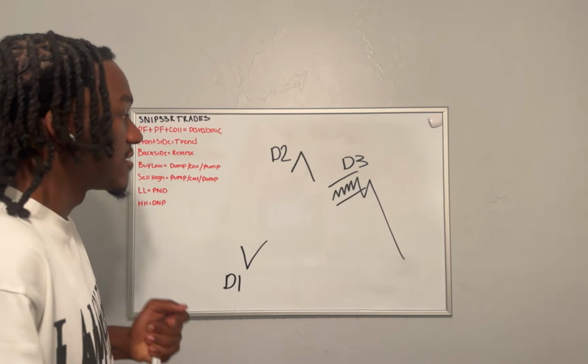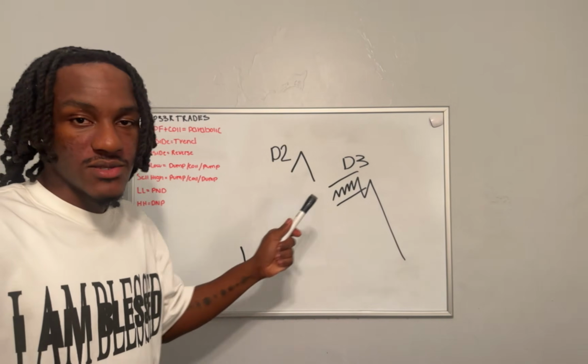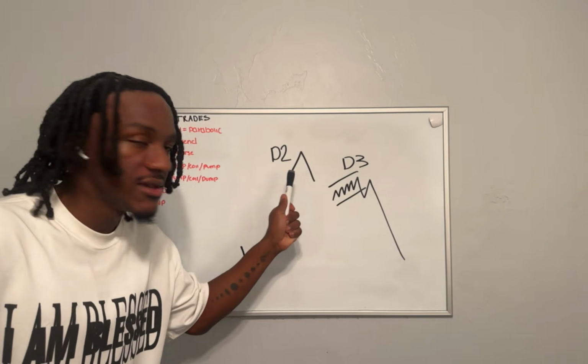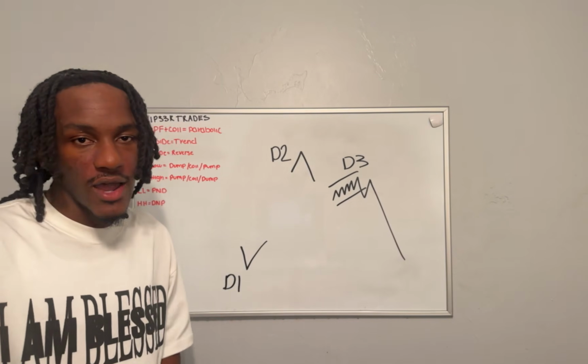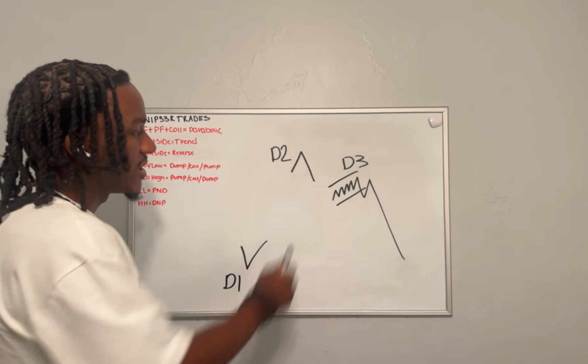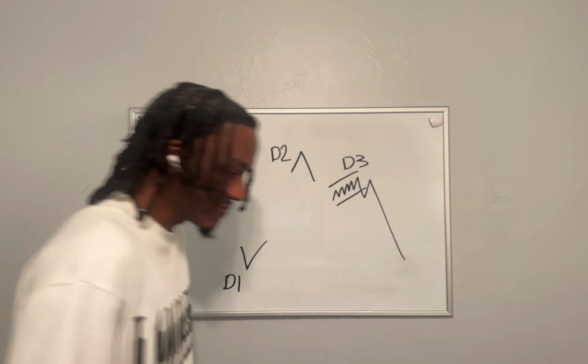But here's the thing here. If the consolidation is up top next to or at the peak formation high, I will look for the pump and dump templates Monday, Tuesday, Wednesday. But let's just switch it up a little bit.